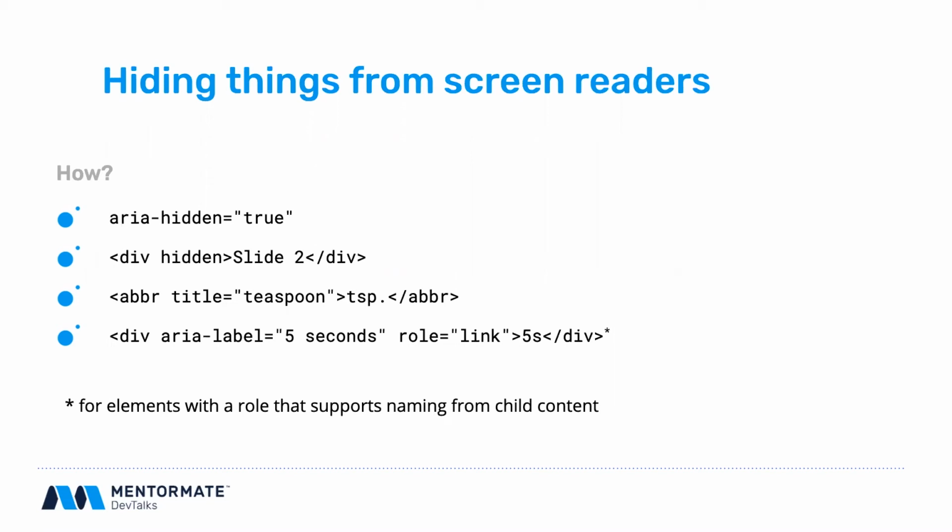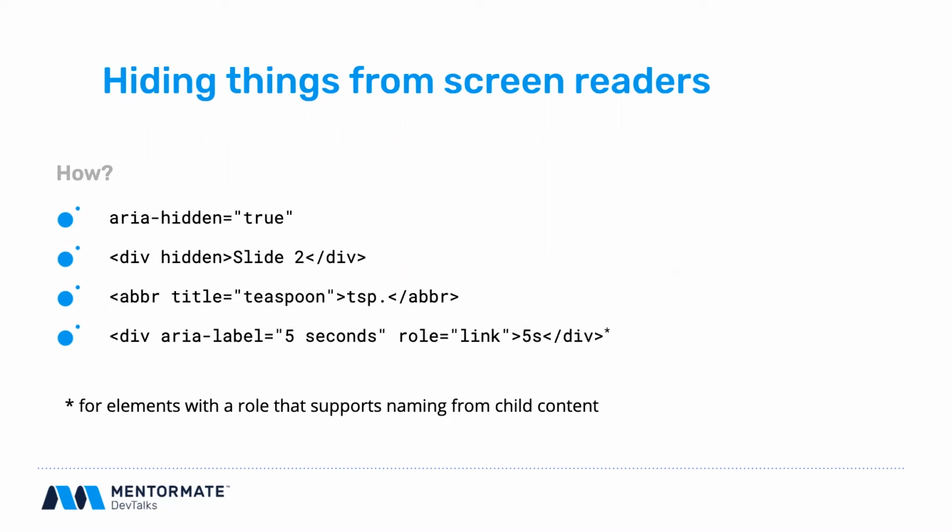We have the 5S here in the content, but it could have been a really large DOM tree structure. And ideally, we would like to read something short to users. And the contrived example here is a link. It would work having the ARIA label override inner content, but that's because of the role.